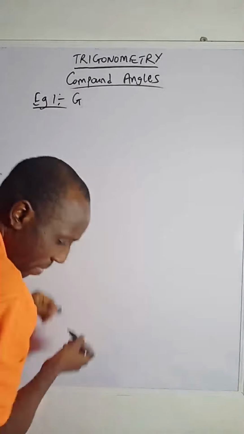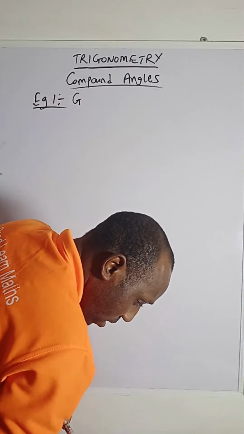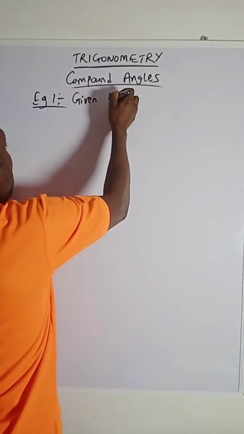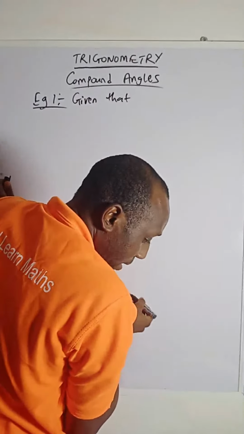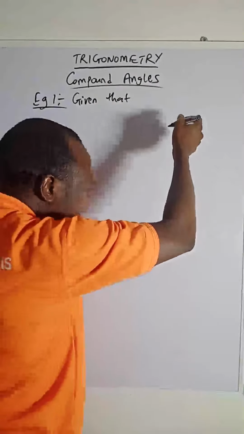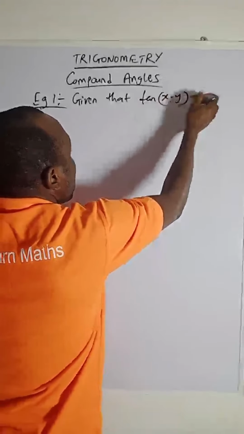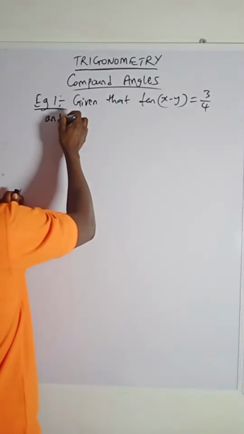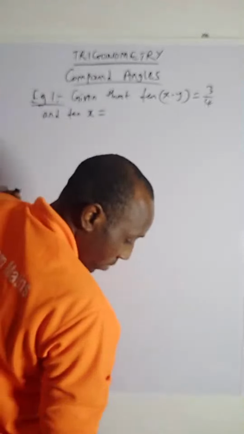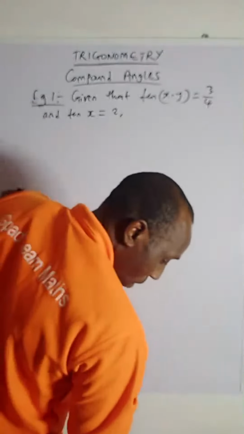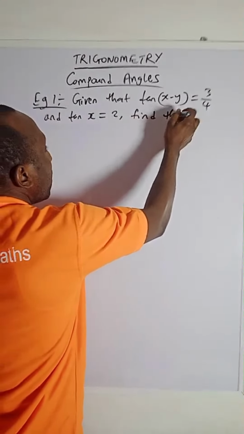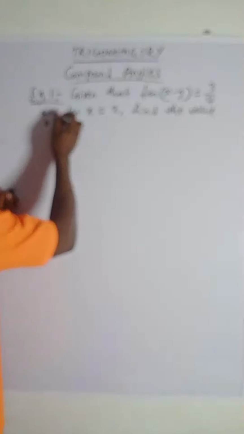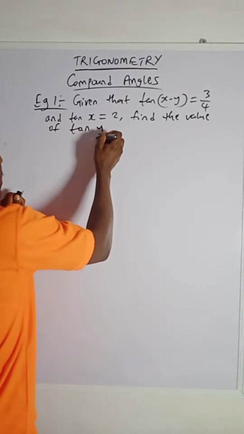Given that tan(x minus y) is equal to 3/4 and tan x is equal to 2, find the value of tan y.